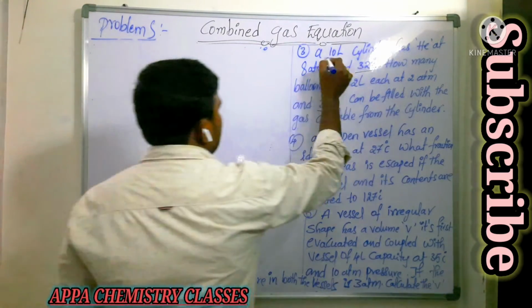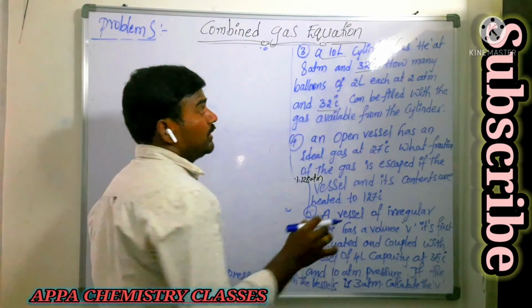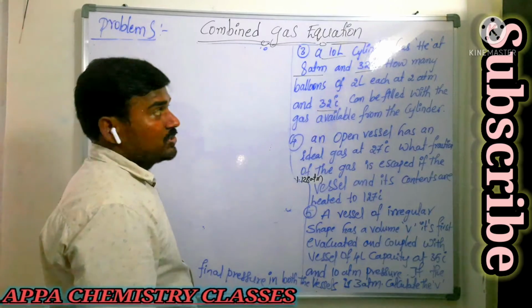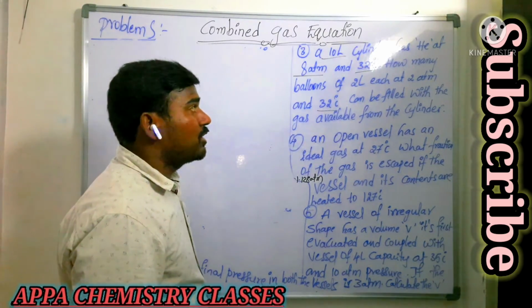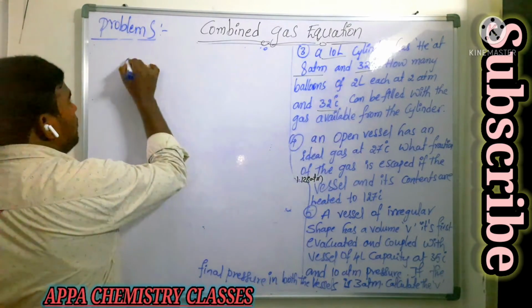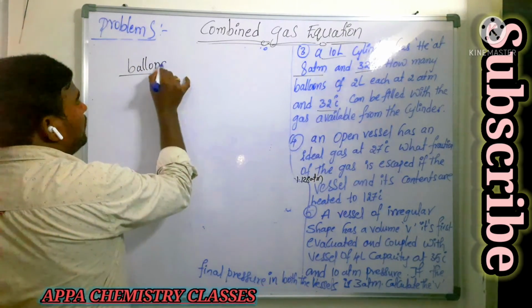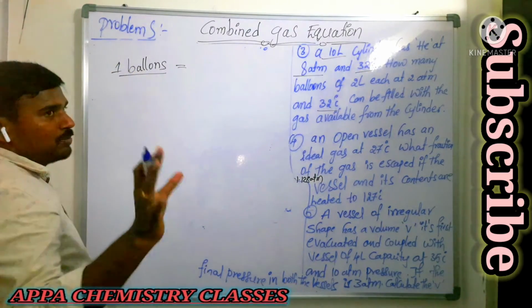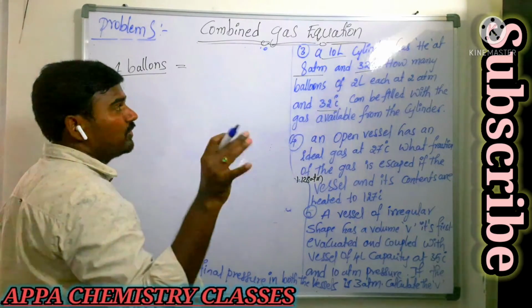So now one gas is there, a 10 liter vessel, that is the cylinder capacity, which has a pressure of 8 atmosphere. How many balloons of 2 liter each at 2 atmosphere can be filled at constant temperature? Now if you are taking one balloon, how many moles of gas can be filled in that one balloon?